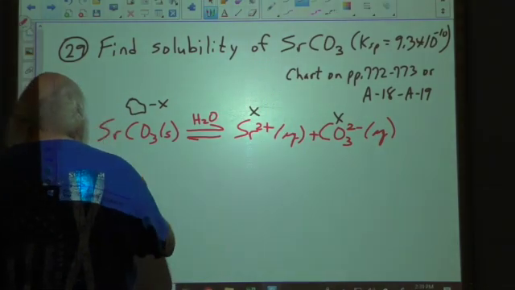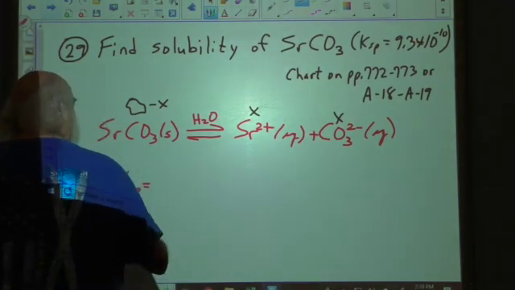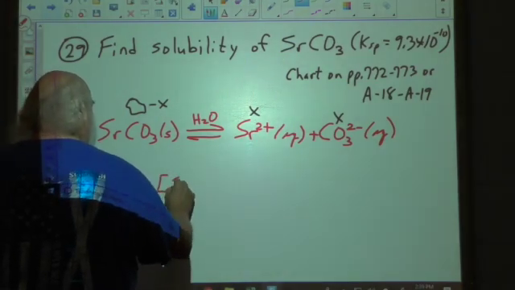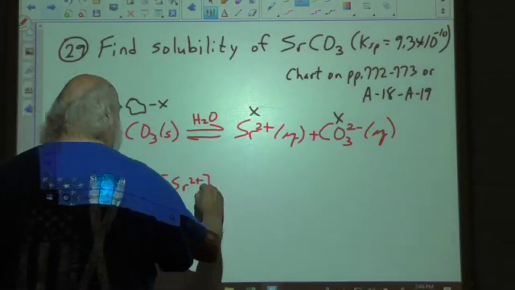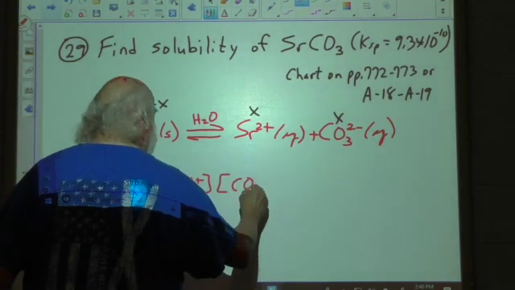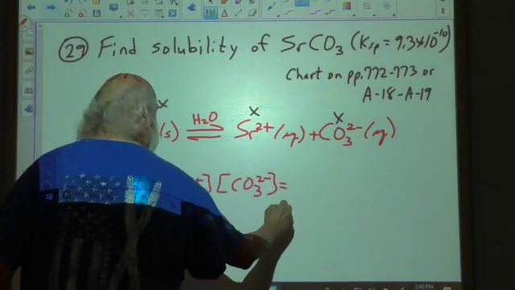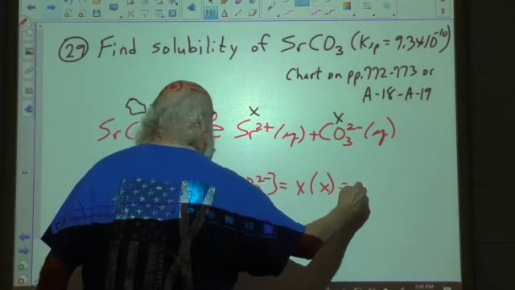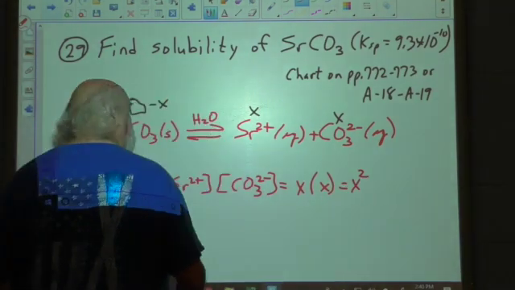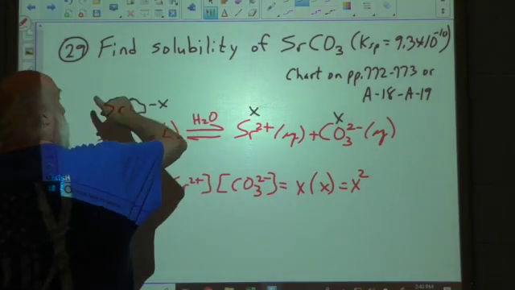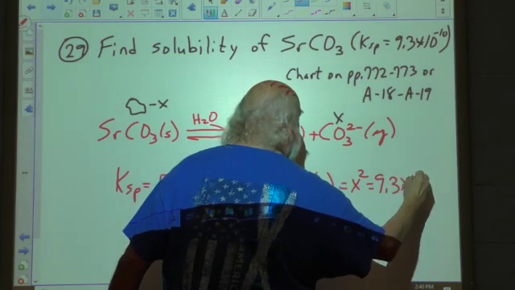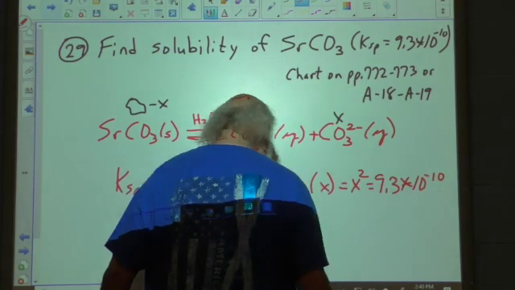So the Ksp is going to equal the concentration of strontium 2 positive times the concentration of carbonate 2 negative, and that's going to equal X times X, which is X squared. And that equals the Ksp value, which is 9.3 times 10 to the negative 10.